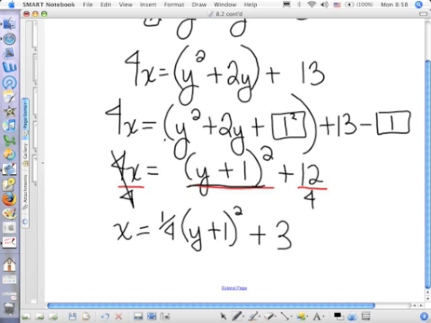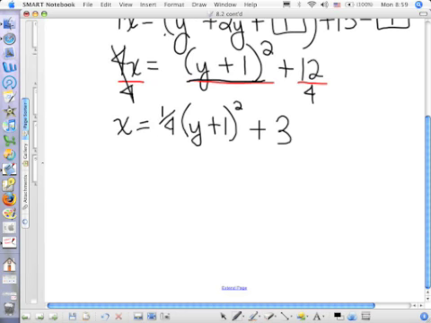We could just keep it as a fraction? No, because you want to be able to identify that the A term is 1/4. Because remember, in your final thing, you've got something times y plus 1 squared. You don't have that whole thing in the form of a fraction.